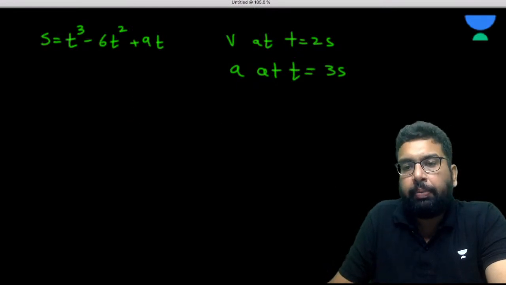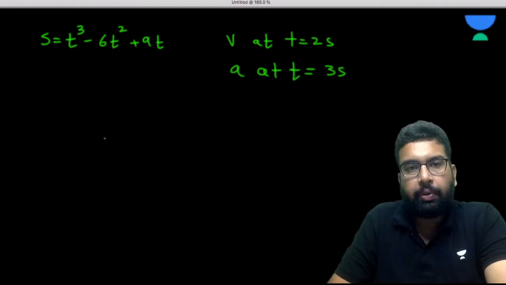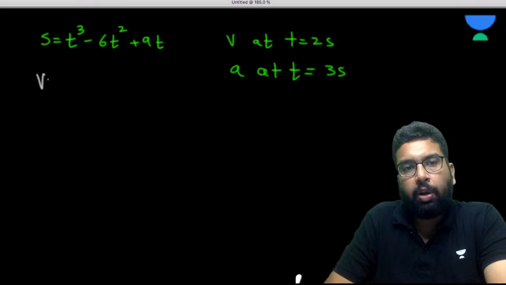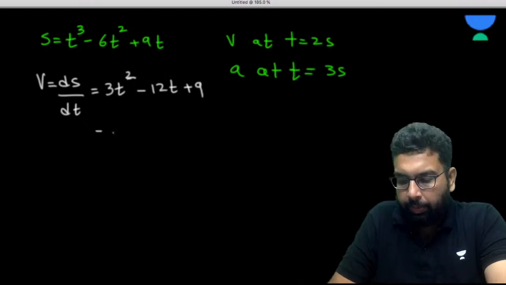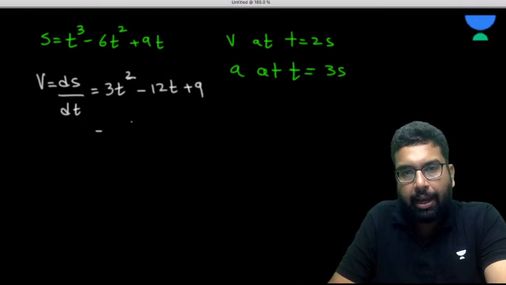Now, let me do it. So we have velocity equal to ds by dt, we know. So it is going to be 3t square minus 12t plus 9, right? Plus 9.